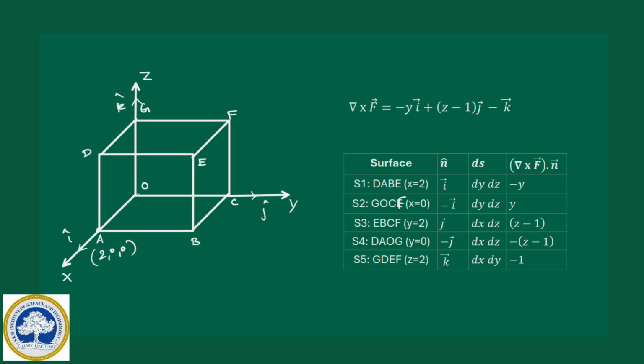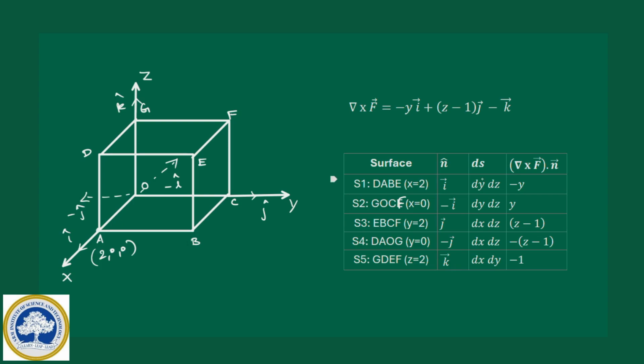It will be going towards that side, so it will be minus i, so here we have mentioned minus i. Similarly, for the right side surface it is j, for the left side surface it will be minus j. Similarly, for the top surface it will be k. There is no bottom surface, we won't be considering the bottom surface, so we will have only 5 surfaces. So this is n cap.